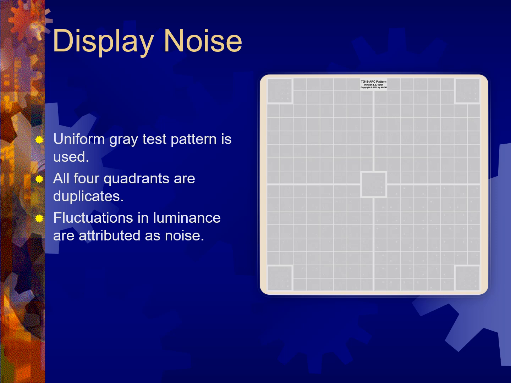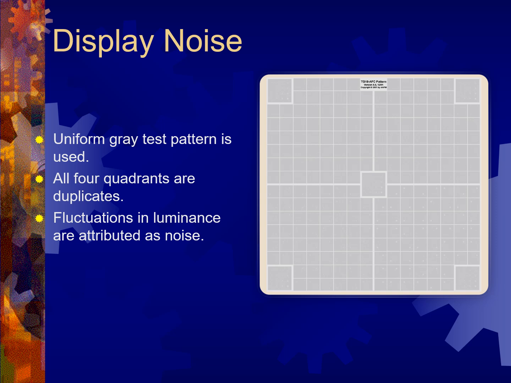Use a uniform gray test pattern. All four quadrants of this test pattern are duplicates. Every color tile has dots in it, but it's always the same uniform gray background. Fluctuations in luminance are attributed to noise. Remember again, for uniformity, we want less than 30% variance.